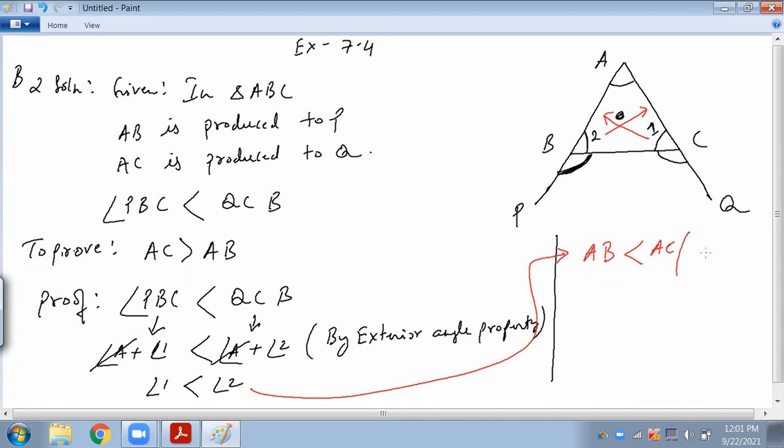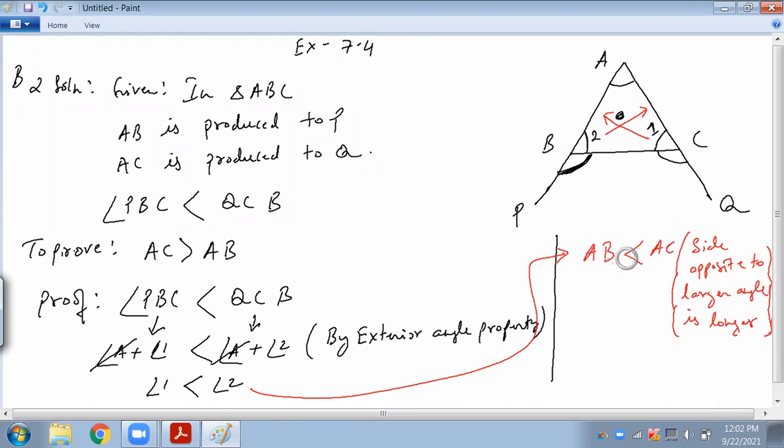By what property are we using this? Side opposite to the larger angle is longer.